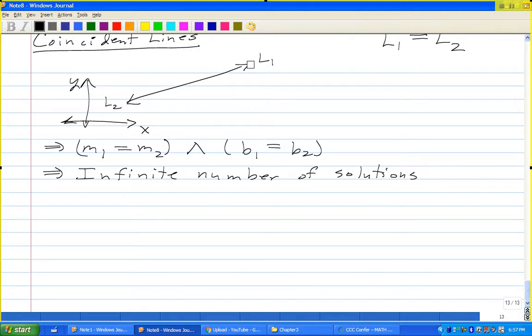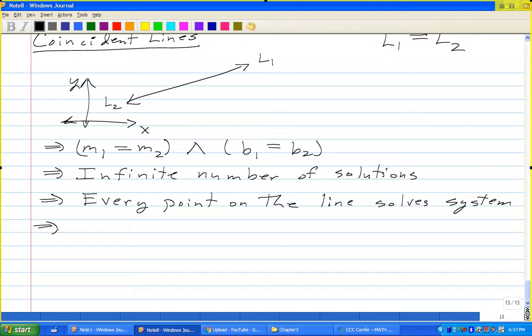So every point on this line is a solution to the system. So every point on the line solves the equation, so solves the system.